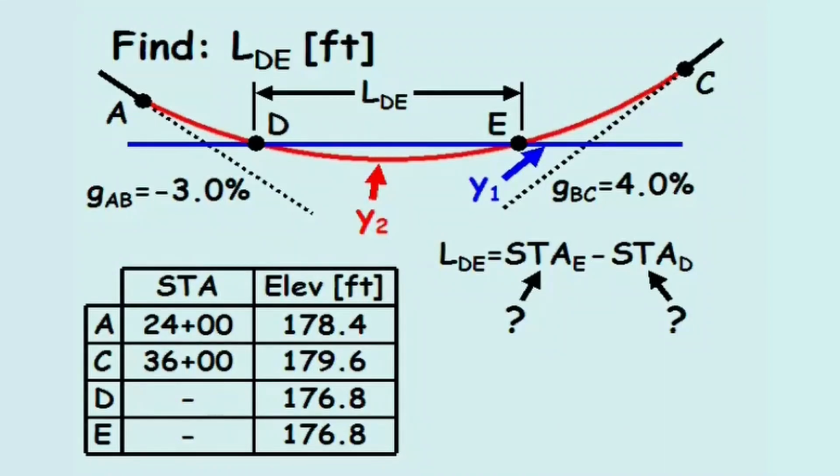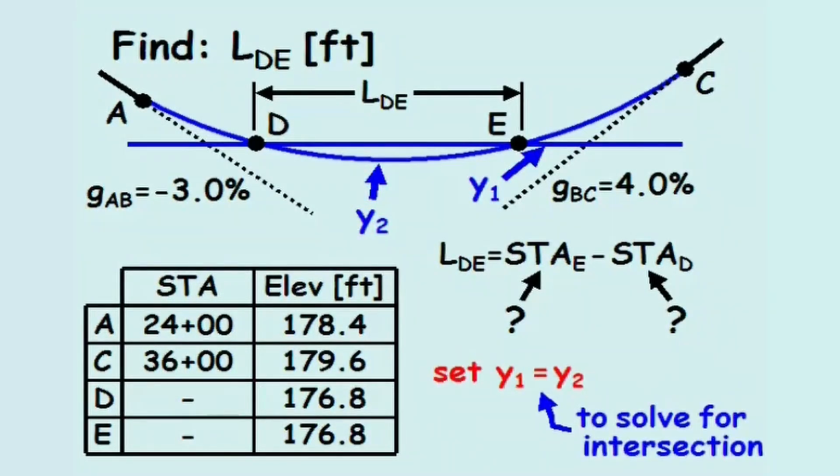We'll designate these two equations as y1 and y2. And if these two lines intersect, the station or stations where they intersect can be determined by equating line y1 to curve y2 and solving for the unknown variable.